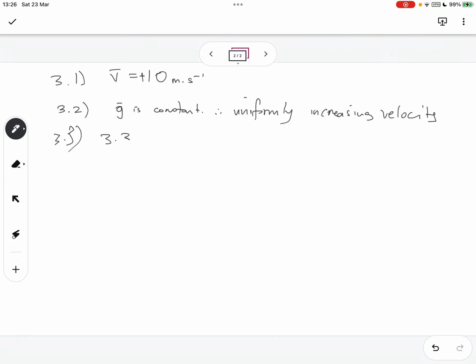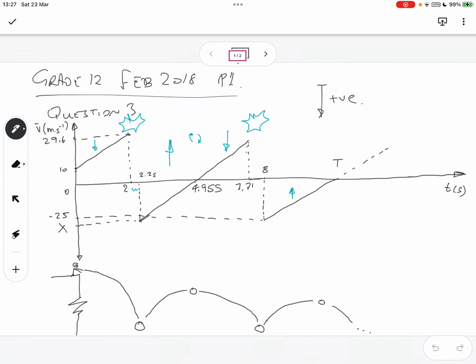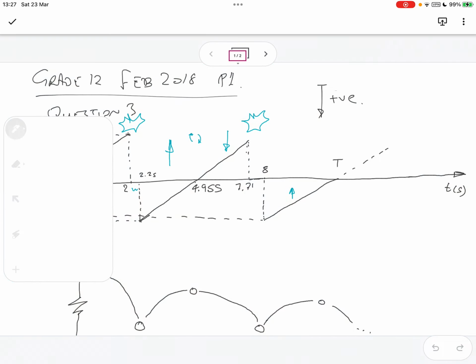Now to calculate the height from which the ball is thrown, we have the initial velocity, which is 10 meters per second. We have acceleration due to gravity, which is 9.8 meters per second squared. We have the time it takes to go from the top of the building to the floor where it starts bouncing.